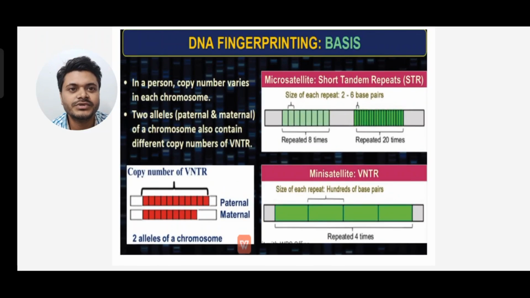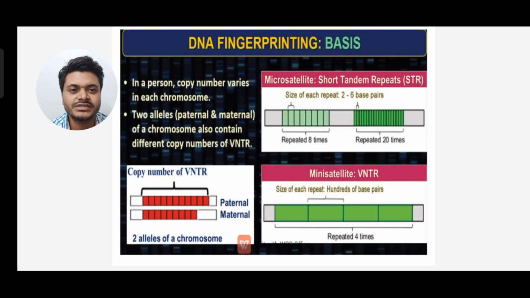Next, you see that in a person, the copy number varies. There are two alleles, paternal and maternal, of a chromosome, and they also contain different copy numbers of VNTR.